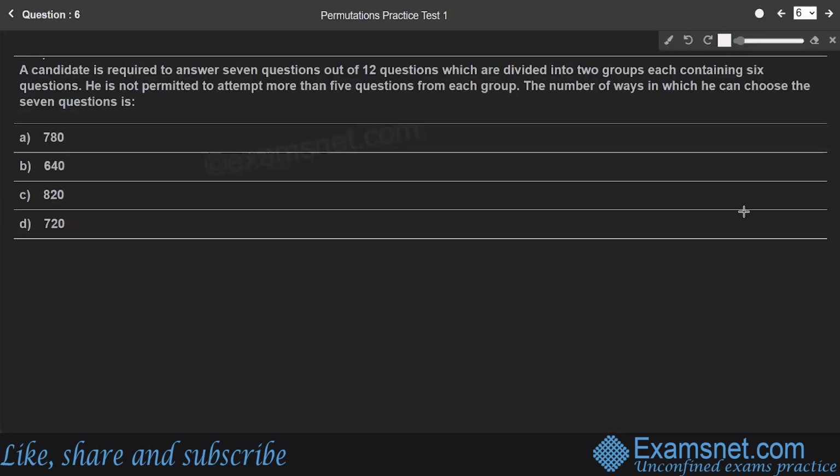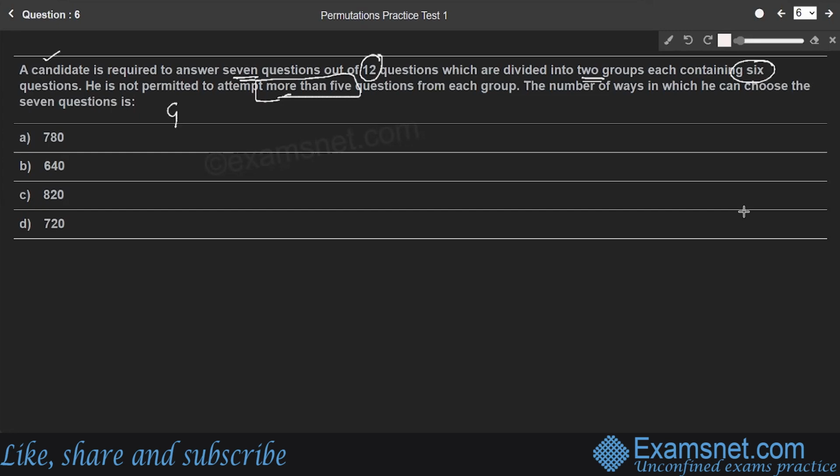Question number 6. A candidate is required to answer 7 questions out of 12 questions, which are divided into 2 groups, each containing 6 questions. He is not permitted to attempt more than 5 questions from each group. The number of ways in which he can choose 7 questions is, here students, 12 questions are divided into 2 groups.